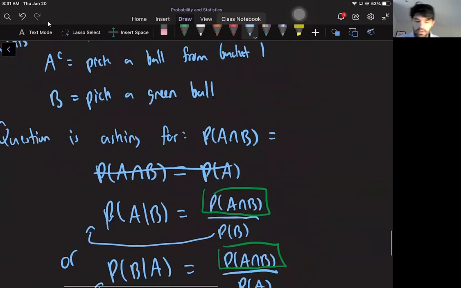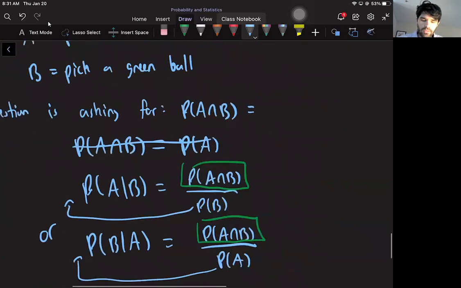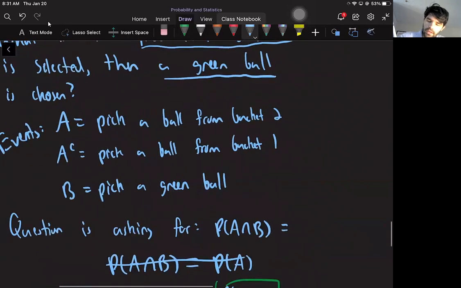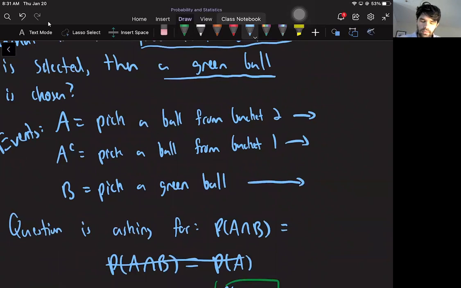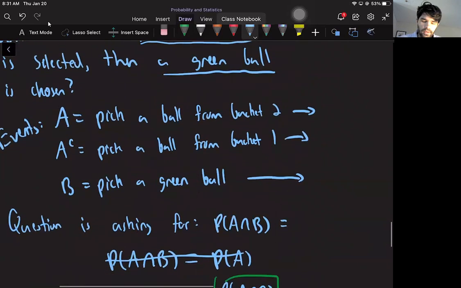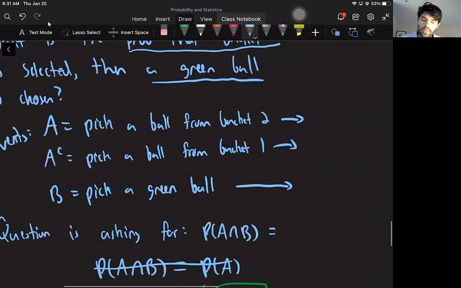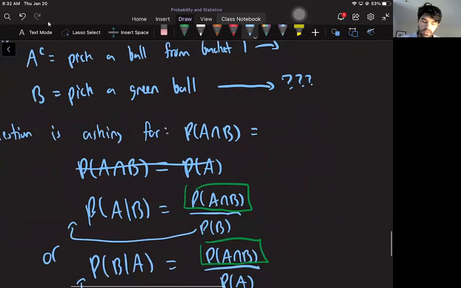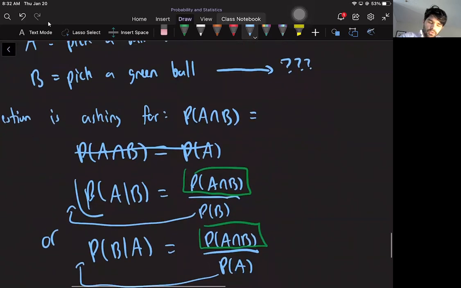Okay, so which one is more useful? Well, it might be easier if I wrote down the probabilities of these. So let's see. Actually, this one is quite hard to write. So instead, what I should do is think about which one of these do I know better.